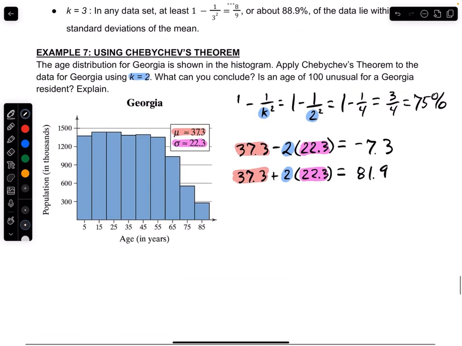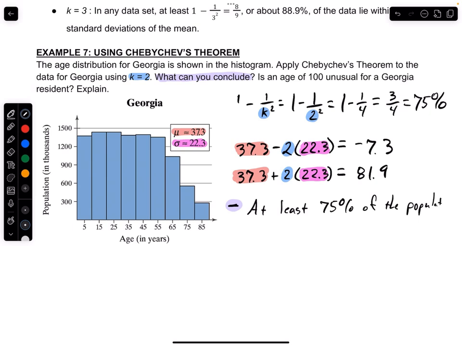So the question is, what can you conclude? What color have we not used? We'll go with this. We can conclude that at least 75% of the population is between 0 and 81.9 years old.